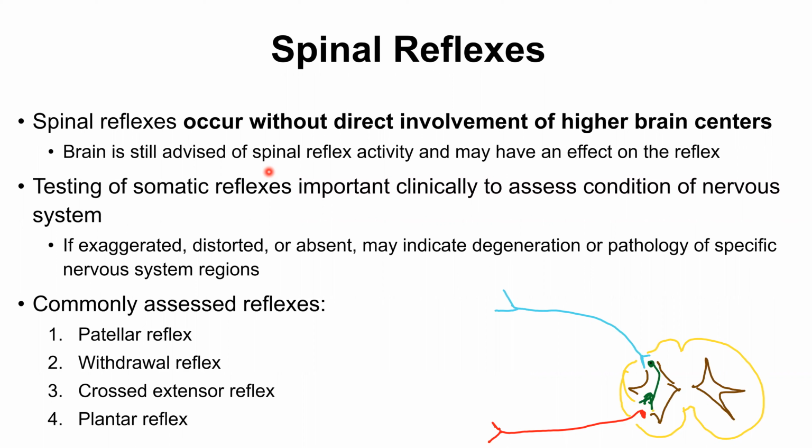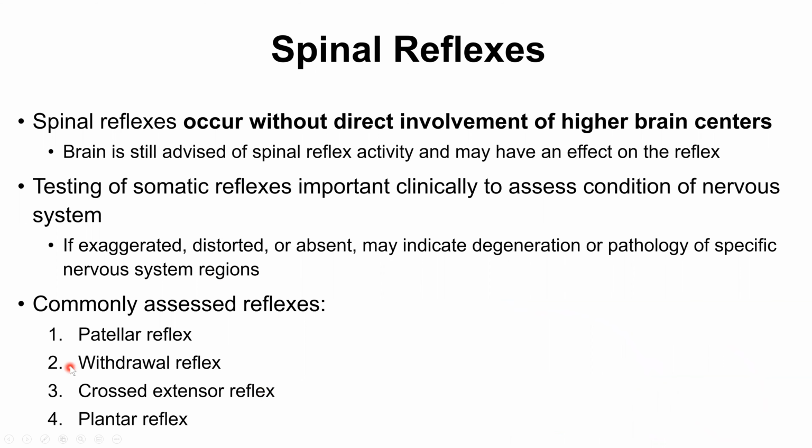And so we're going to talk about 4 commonly assessed reflexes over the next couple of slides. And those 4 reflexes are going to be the patellar reflex, the withdrawal reflex, crossed extensor reflex, and plantar reflex. So we're going to start then with our patellar reflex.